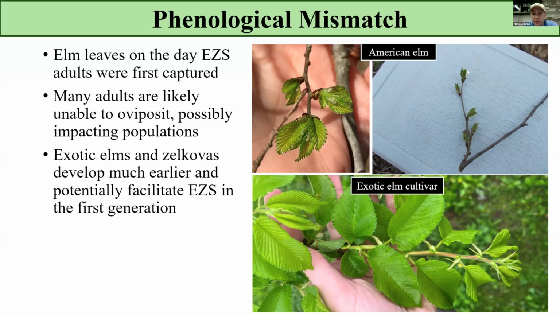That's something we'll be incorporating into our studies in 2026 as far as preference and performance. We're going to be looking at Zelkova because it is a bit more economically important. So I guess we'll find out soon what that looks like.